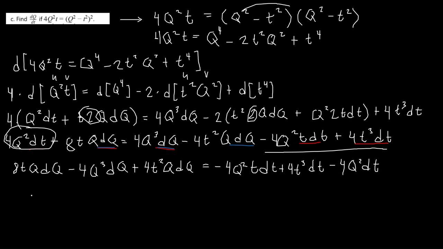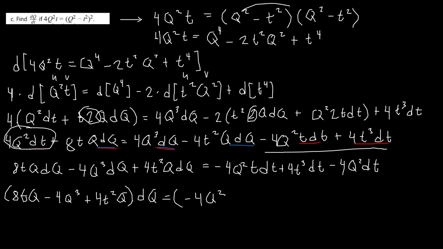Alright, now we're going to factor them out, and then it's going to turn into (8tq minus 4q cubed plus 4t squared q) times dq equals (negative 4q squared t plus 4t cubed minus 4q squared) times dt.